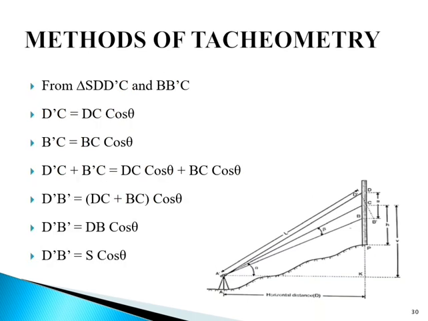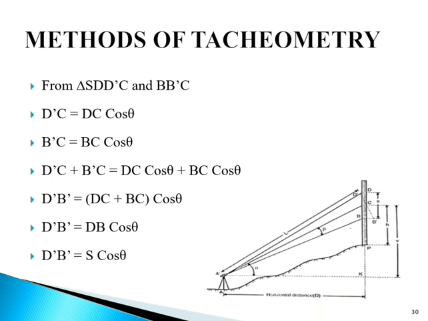So from the triangles DD'C and BB'C, D'C is equal to DC cos alpha, B'C is equal to BC cos alpha. So D'C plus B'C is equal to DC cos alpha plus BC, sorry, my mistake.